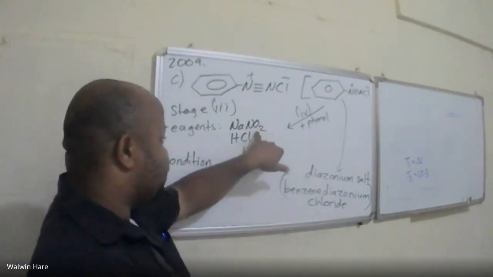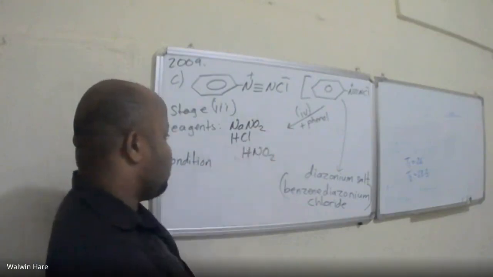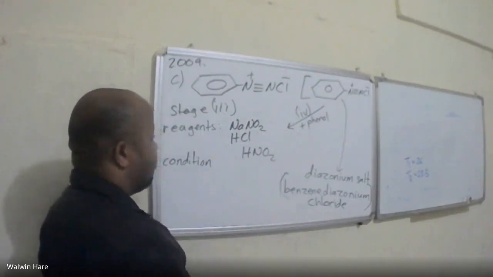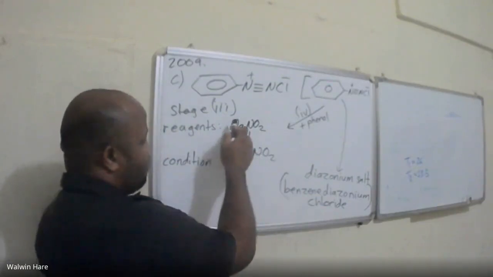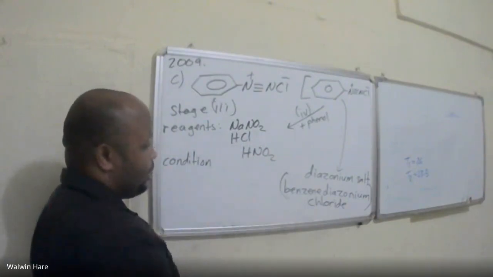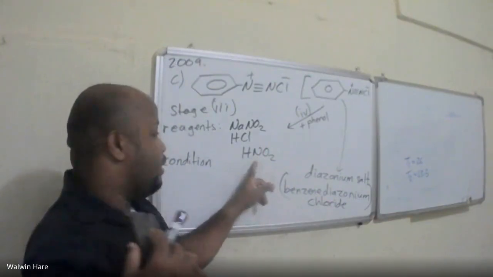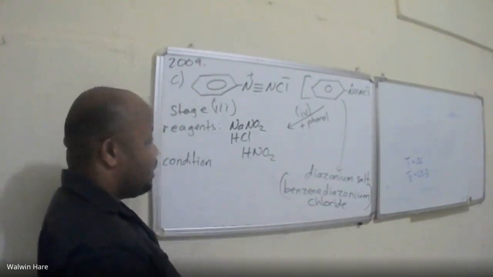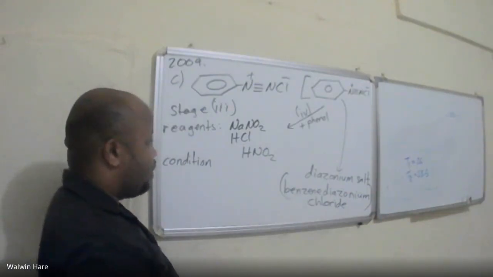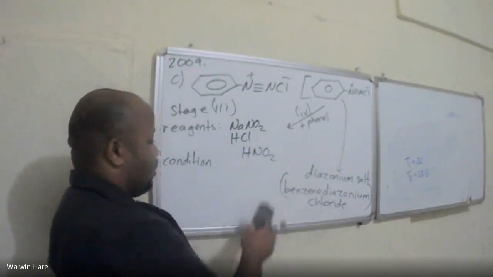Mention the sodium nitrite as the reagent because the HNO2 is not added directly. It is generated in the reaction using the sodium nitrite and the HCl.